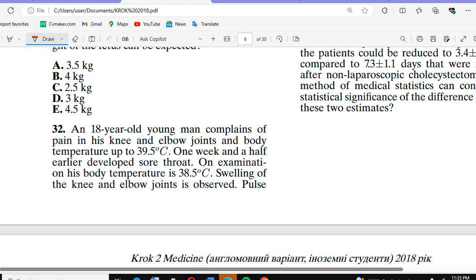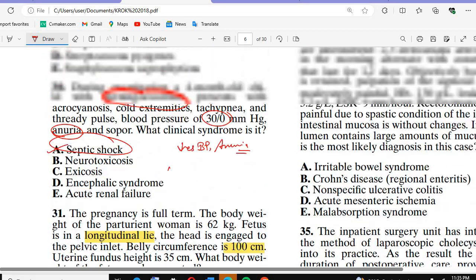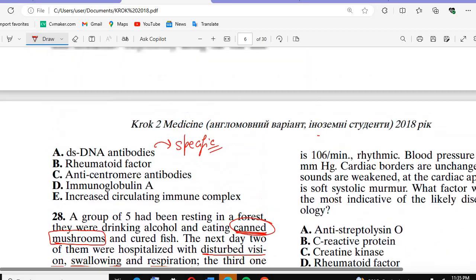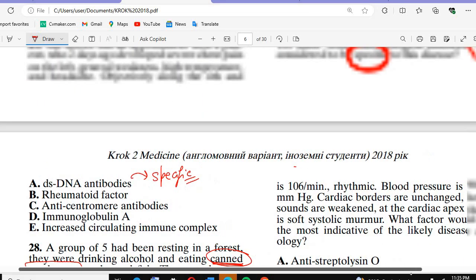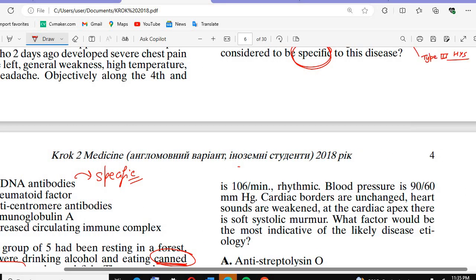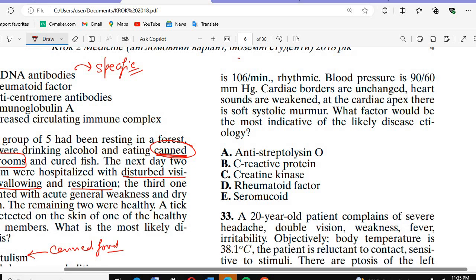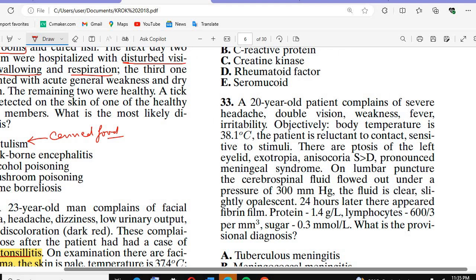On examination, there is body temperature and swelling of the elbow and knee joints. The pulse is 106, rhythmic, cardiac borders changed, and a soft systolic murmur. So what is that? The anti-streptolysin? No. Okay, so once you do the rheumatology questions, you will get this question.